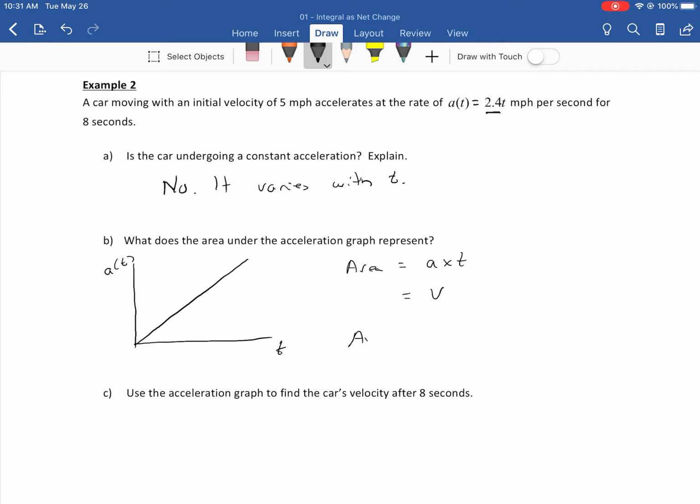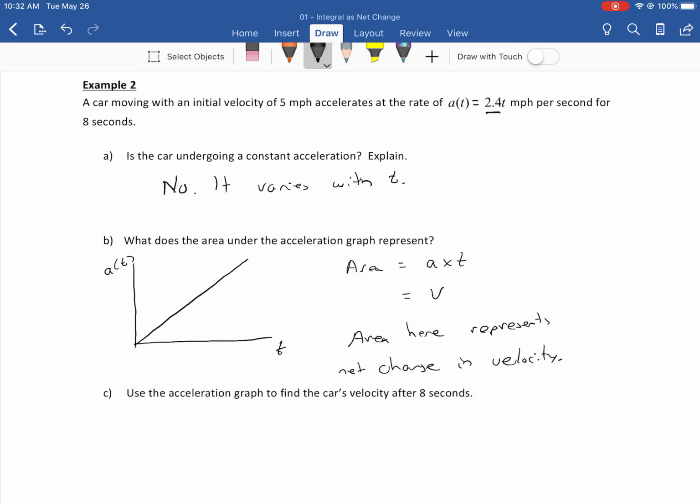So here the area represents net change in velocity. So it's adding up all the little velocity times, and all the little acceleration times.